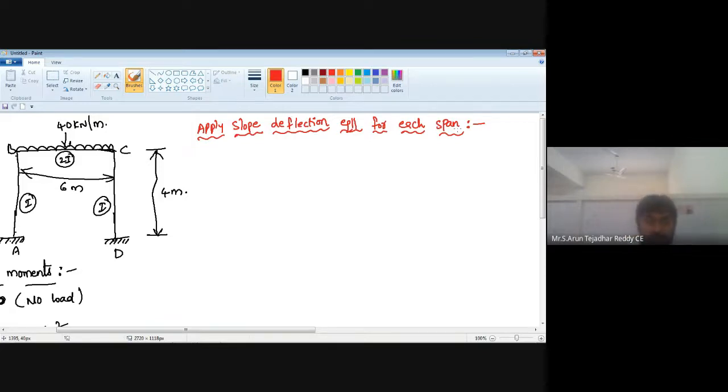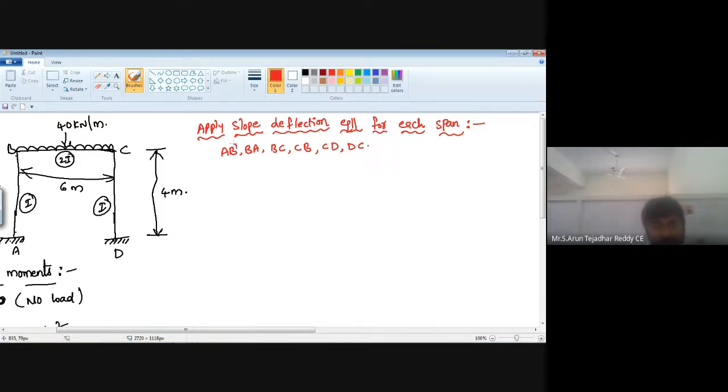What is the formula for the slope deflection equation? Here, how many spans are there in total? First is AB, next is BA, next is BC, next is CB, next is CD, next is DC. So we need to apply the slope deflection equation for each span.